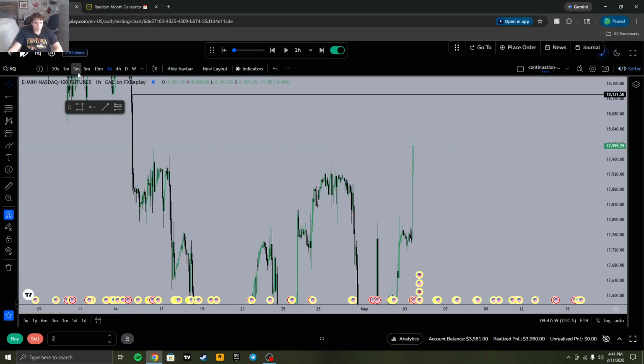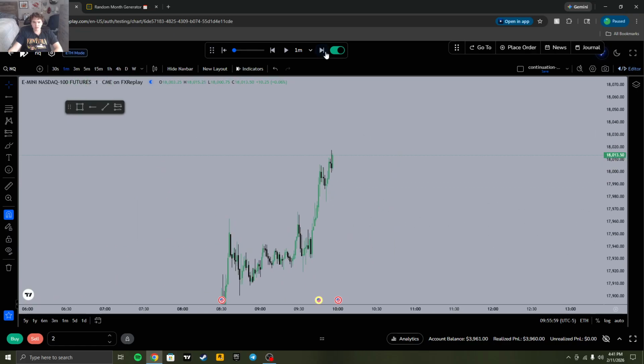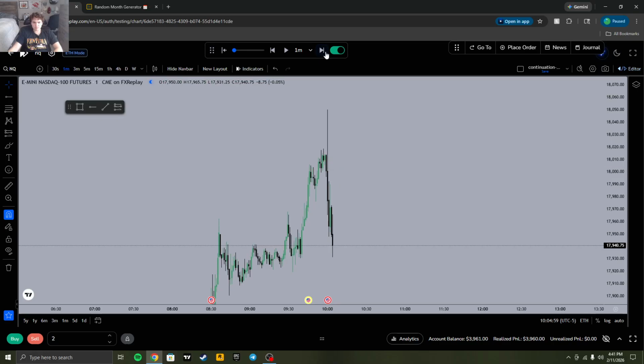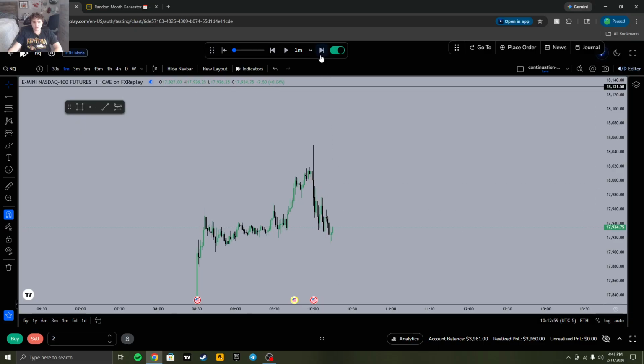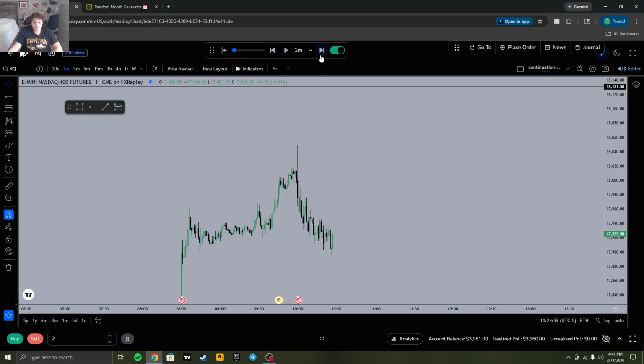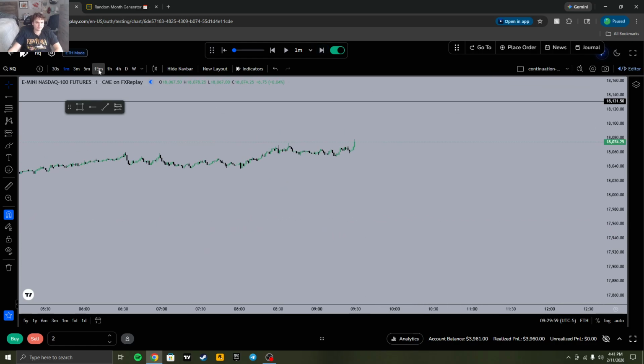I don't really like those draws on liquidity. Price was kind of in a range. It's not for me. But if we can get an entry higher, I would be prone to taking that. 1009. Kind of just chopping. Okay, go to the next day.